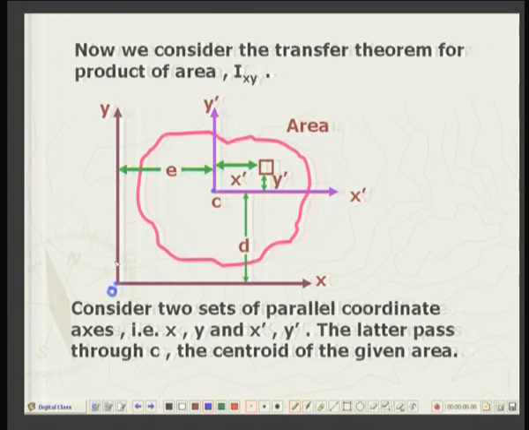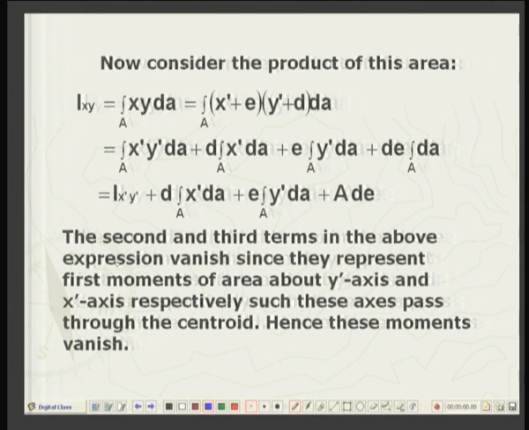So, you see the normal distance between y and y dash is E, normal distance between x and x dash is D. Then the product of the given area I x y by definition is equal to area integral x y dA, and this again we can substitute in terms of the old coordinates x dash plus the normal distance between the two y axes into y dash plus the normal distance between the two x axes integrated over the entire area.